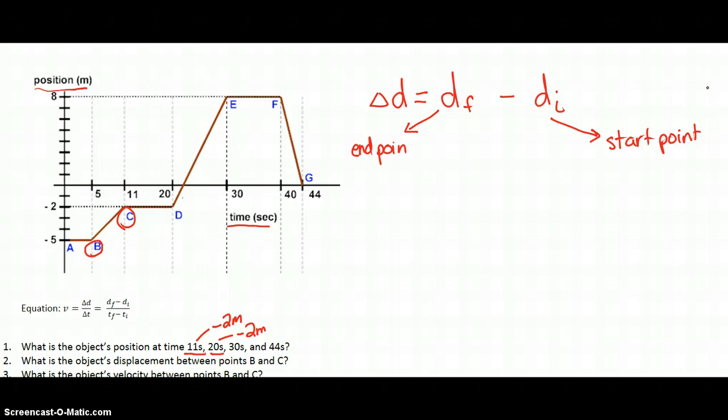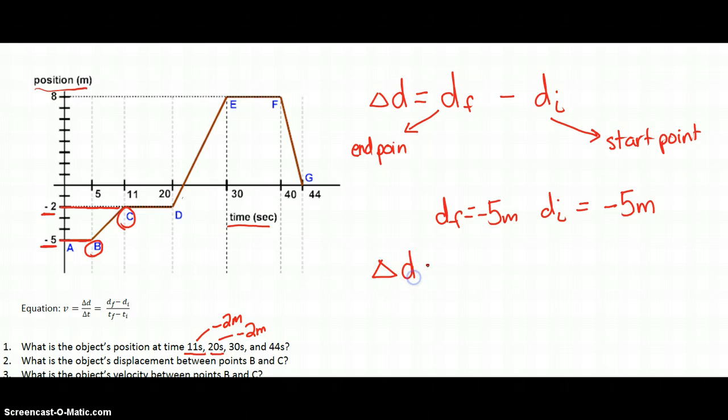Okay, so at point B, I'm going to find my position. I'm going to look over and delta I is negative 5 meters. My end point is going to be y-axis f and negative.